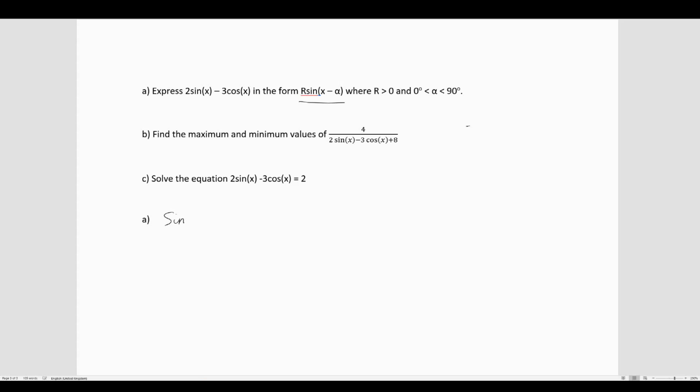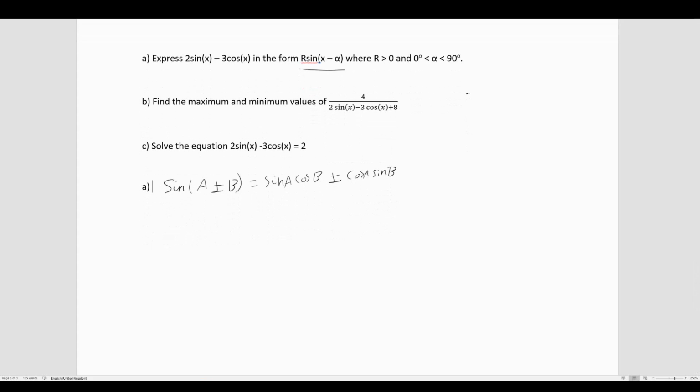We need to remember that sine of (a plus or minus b) is sine a cos b plus or minus cos a sine b. So here I have x minus alpha. Alpha is positive, r is positive, so I can just use the minus form.